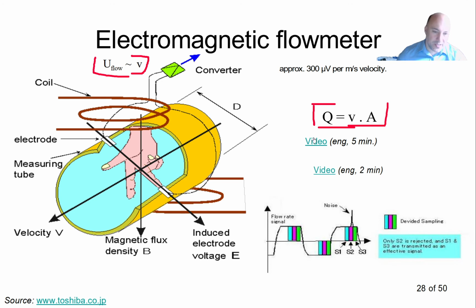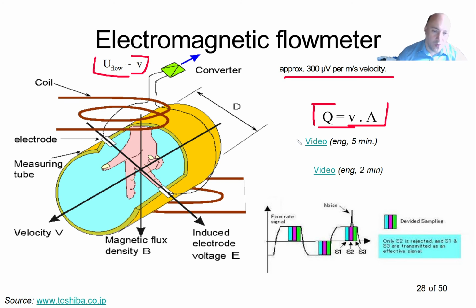Again, there is a quite interesting video on this first link that I highly recommend you take a look at. There is an animation of how this works, also with the particles, and also with some industrial applications. To give you an idea about the size of this voltage, here is an approximate value for water.